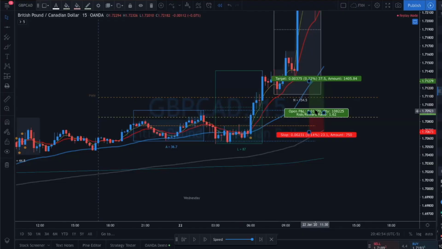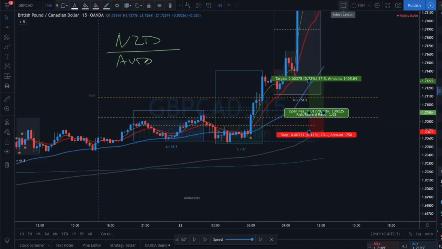So NZD, I almost see it like this. If you're talking about spread in general, the NZD pairs you're going to pay more for, followed by the AUD pairs.